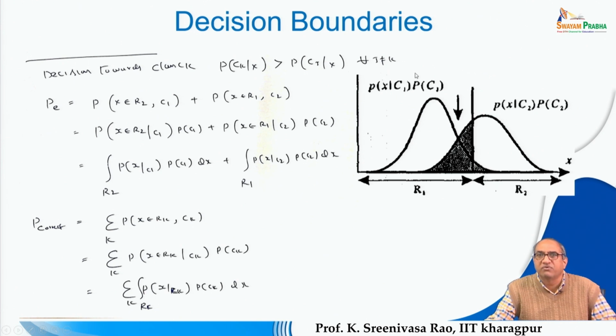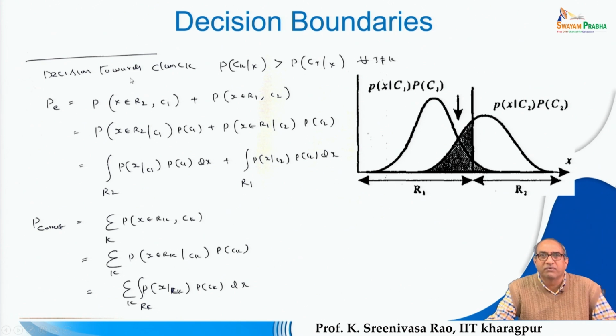This is the distribution of probability of x given C1 and this is x given C2. Assume this is region R1 and this is region R2. Our hypothesis is that if the vector falls in region R1, it is class C1. If the vector falls into region R2, then it becomes C2. In principle these regions R1 and R2 should be non-overlapping. If they overlap, it results in errors.